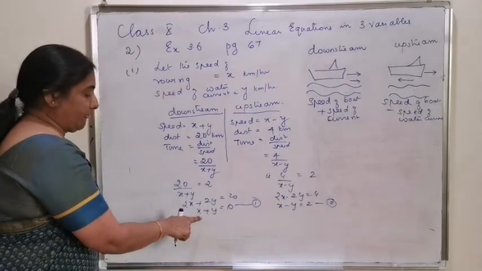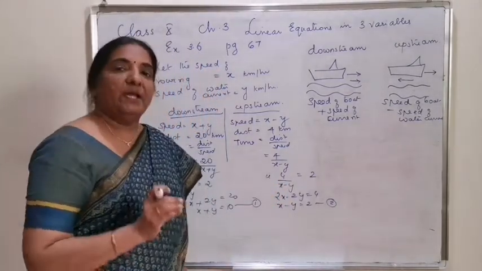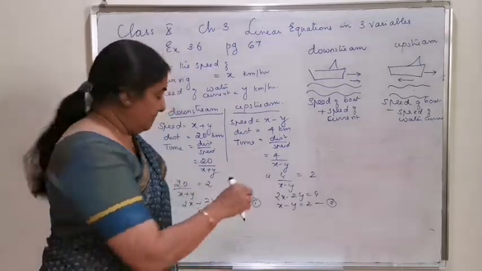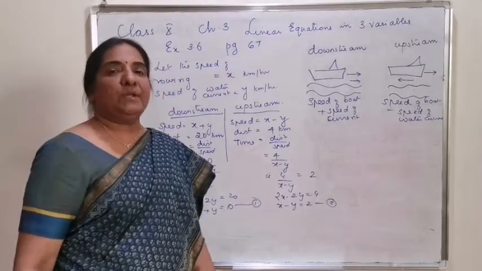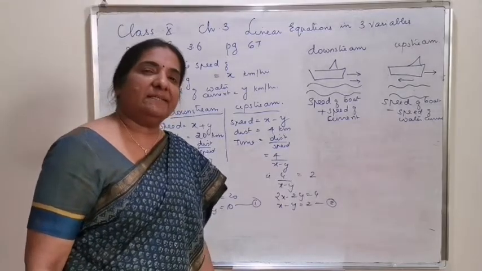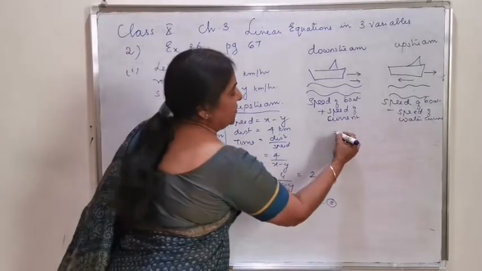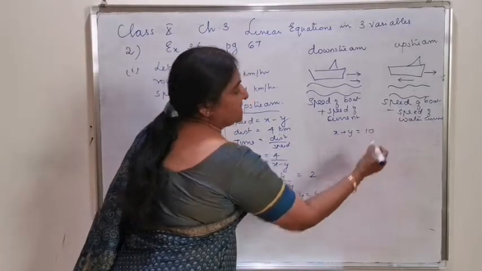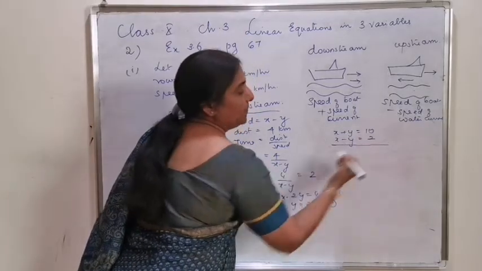You got an equation with x plus y and an equation in x minus y. Normally in such problems, the downstream speed, x plus y, will definitely be bigger than the value of x minus y. Solving the equations, x plus y is equal to 10, x minus y is equal to 2.